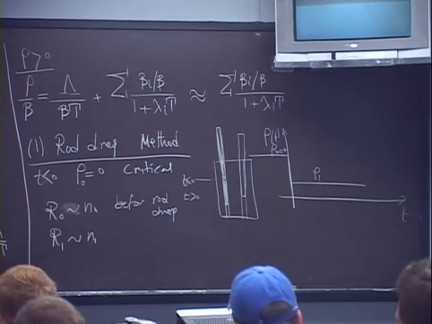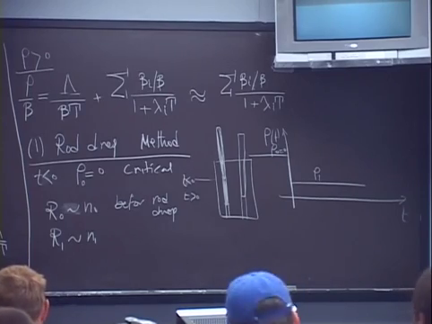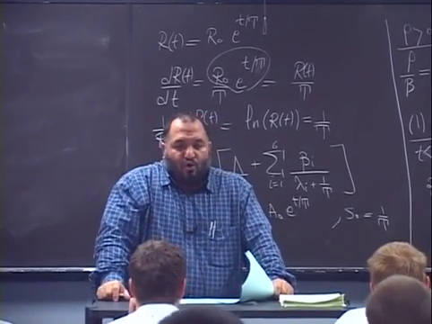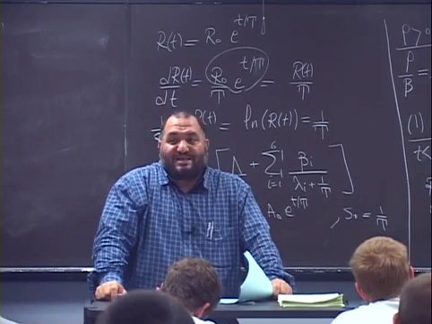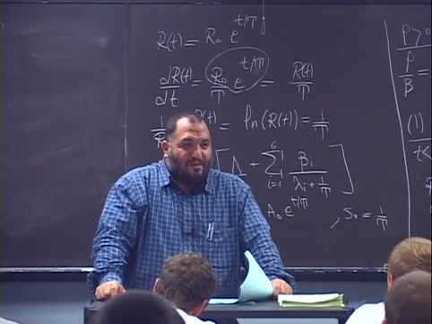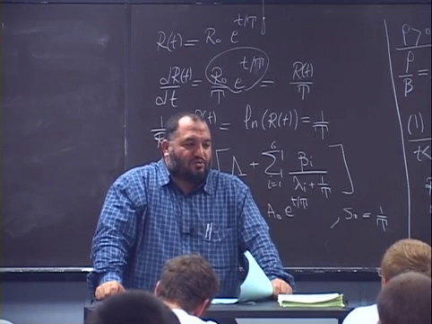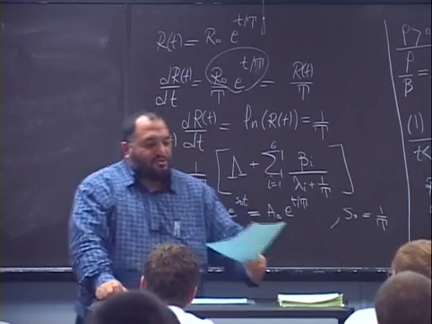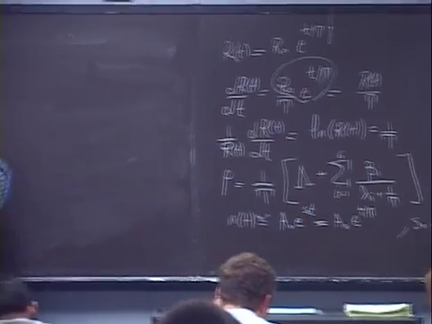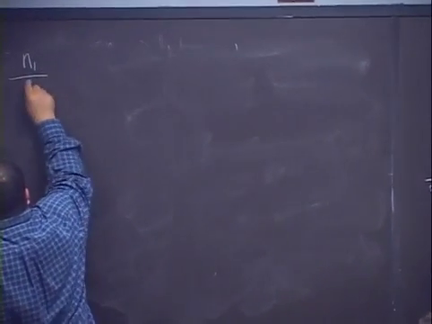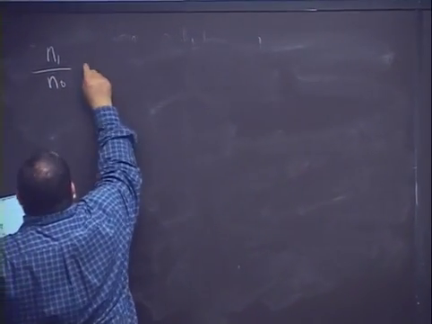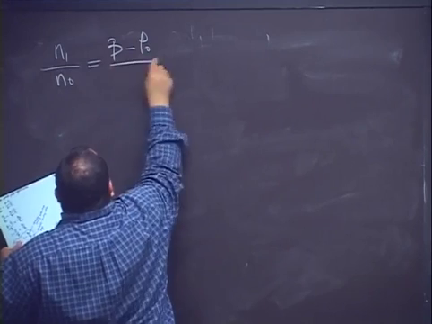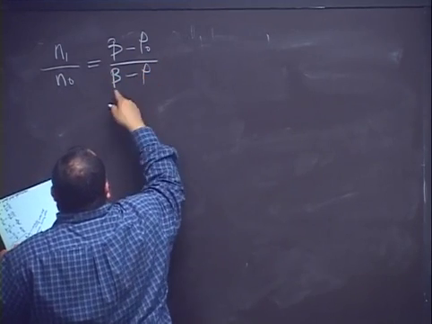Yes, so the prompt jump approximation is, because of the short time scale of the response of the prompt neutrons, and this time scale is what? The neutron lifetime, gamma. So we said that we will assume that the prompt neutrons react instantaneously. And because of this, we reach a relation, and this relation was what? N1 divided by N naught is equal to beta minus rho naught divided by beta minus rho 1.